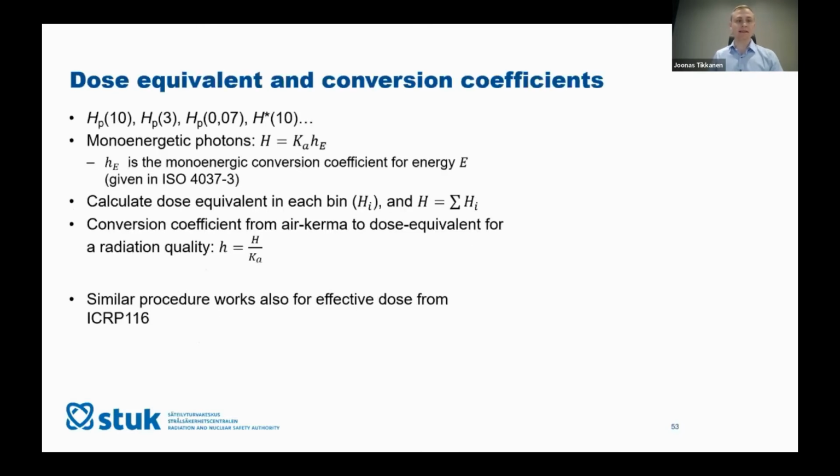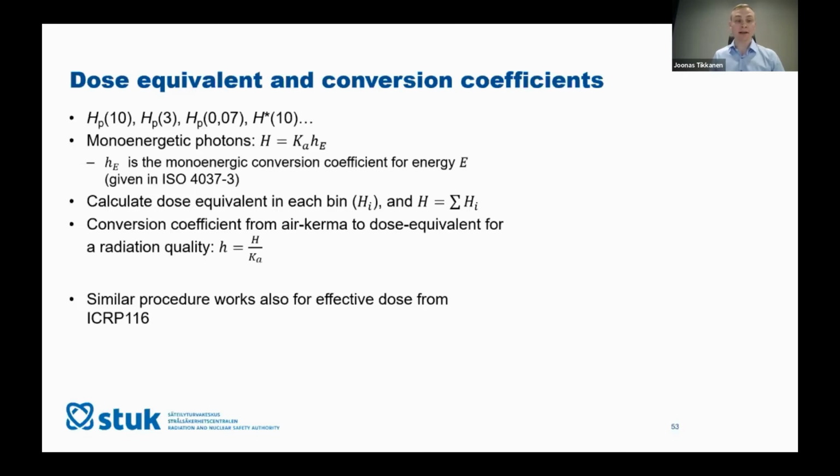And then, as discussed in the beginning, you can calculate these conversion coefficients from air kerma to dose equivalent also with the spectrum. You start by calculating the dose equivalent in each bin of the spectrum, a very similar procedure as for the air kerma, by using these monoenergetic conversion coefficients given in the ISO standard.